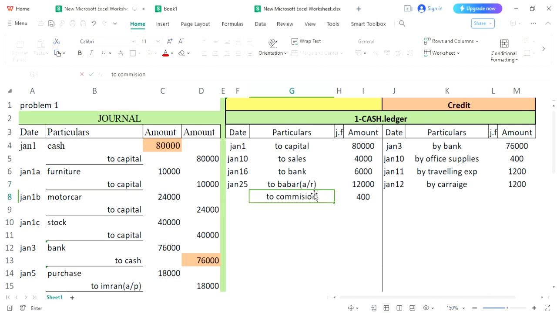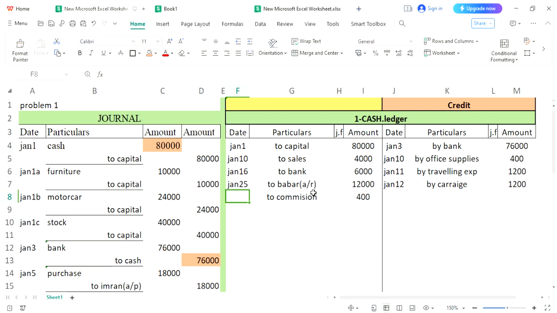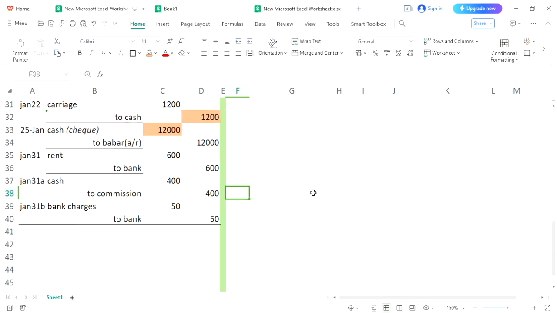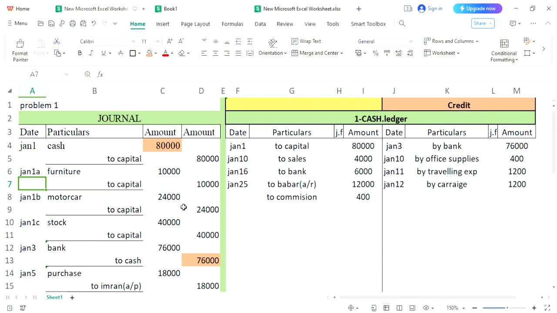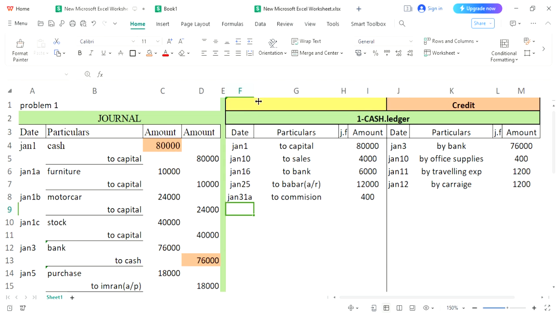and this would be used as your reference. 400 has been posted. It's time to see its date. This cash has been transferred to its ledger. Date is January 31st. So let's put the date over here, which is January 31st. Date has been posted and still we need a little more space.